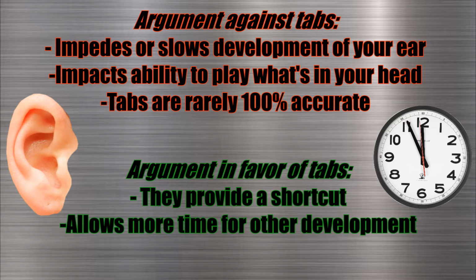And then you can spend all that time you saved on other areas of your musical development, such as your technique or dexterity, and one area that's often overlooked but extremely important, which is music theory. You know, understanding the relationship between notes and how chords are constructed and scales and modes and all that. Anyway, the point is that you can spend your time learning guitar from a more well-rounded or holistic standpoint by quote-unquote cheating with tabs.